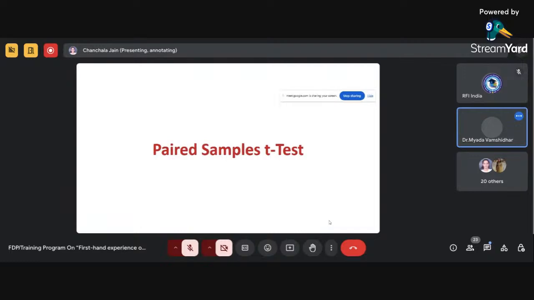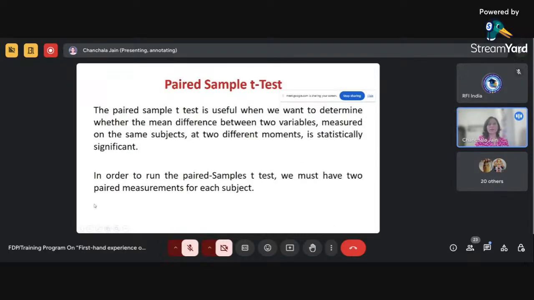It is visible. Okay. So this is the second category of the two sample t-tests, which is the paired sample t-test. This is also known as the dependent sample t-test. So the other name for the paired sample t-test is the dependent sample t-test. Now, when we are calling this test a pair, that means we will be having a sample and there will be a pairing, right?